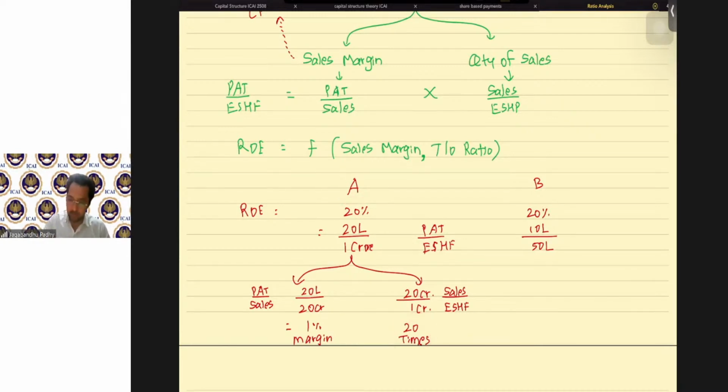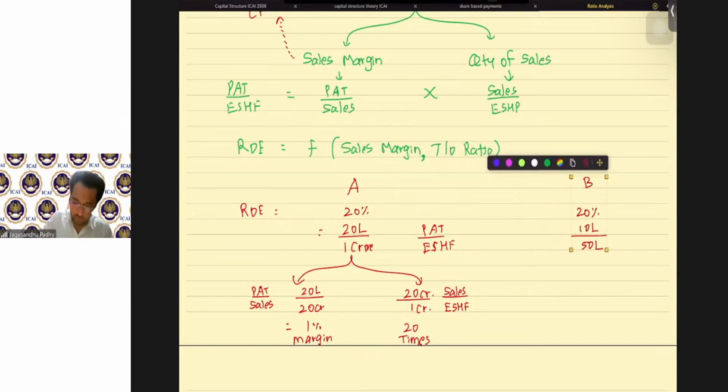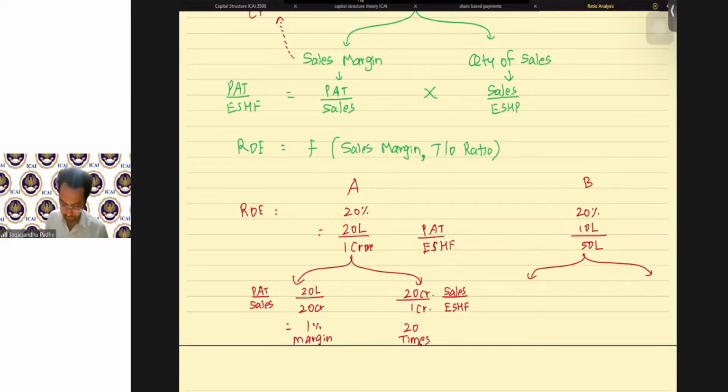Now, if you look at company B's figures, let's distribute it again into two parts. PAT upon sales is 10 lakh PAT on a sales of 2 crores.